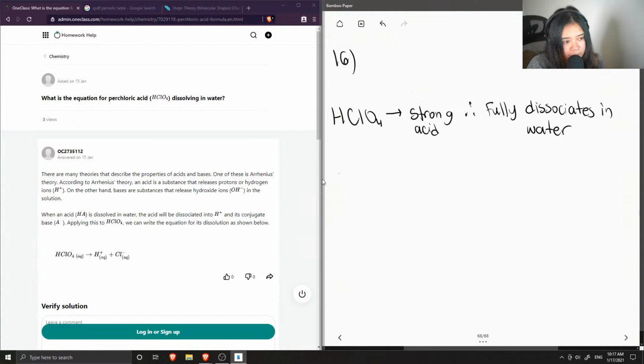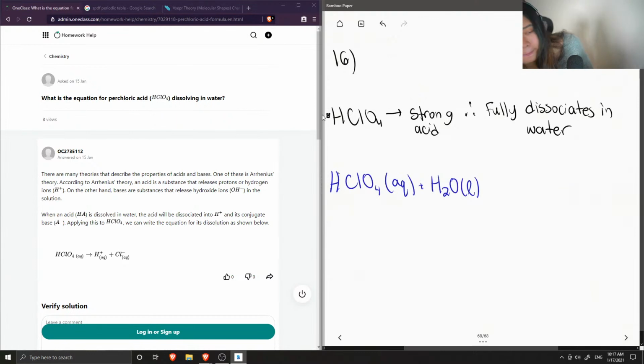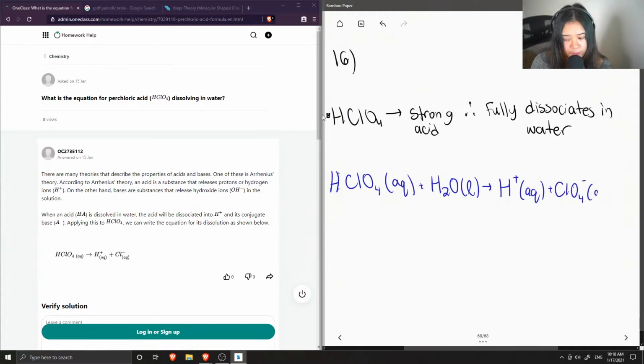Let's try to show out the reaction that takes place. If we had the perchloric acid plus water, I'll first show how the perchloric acid will dissociate. So we'll have the H+, ClO4-, plus the water.